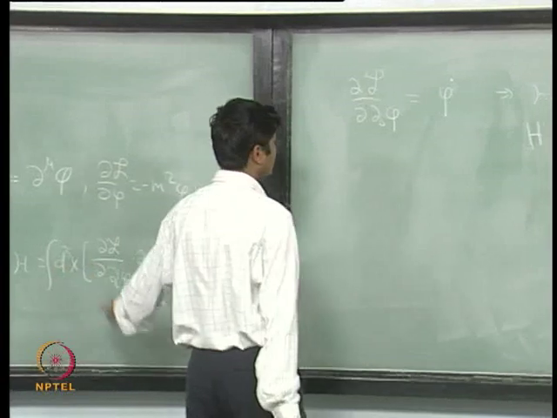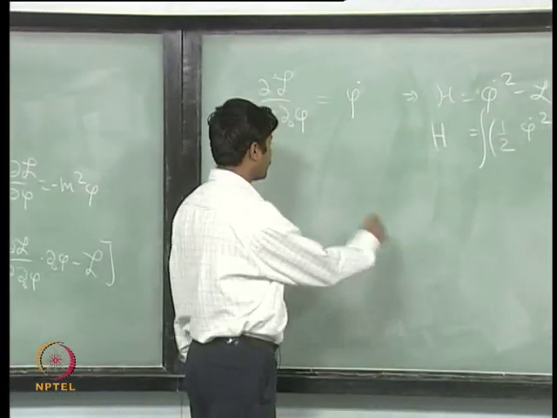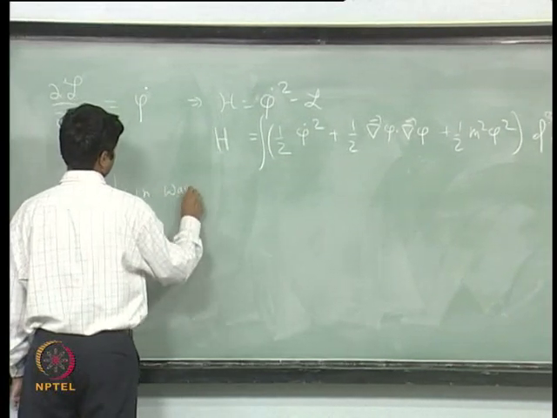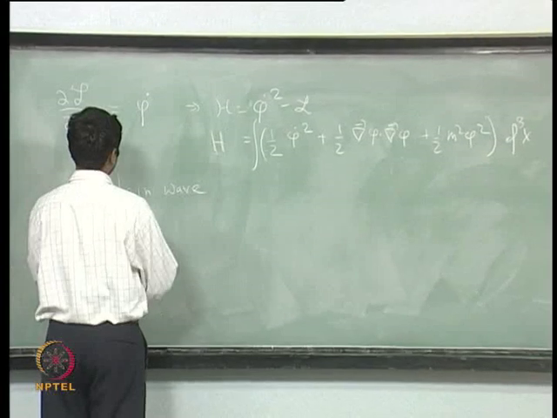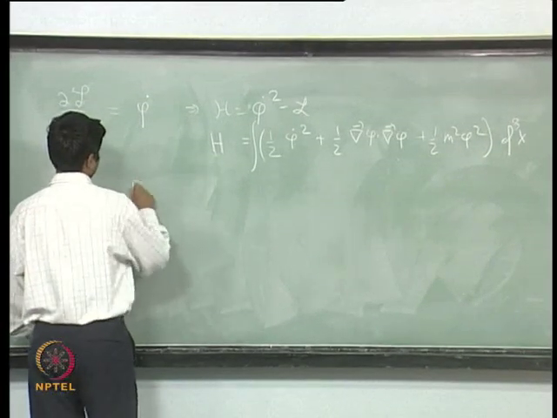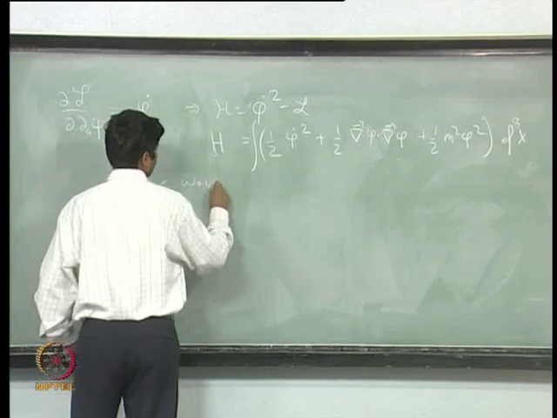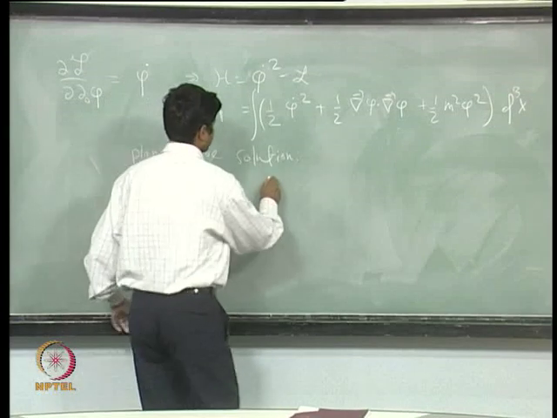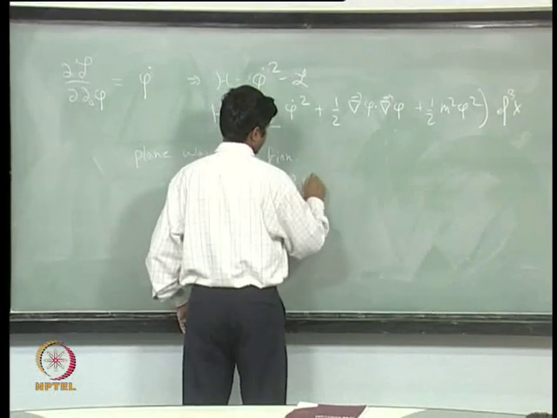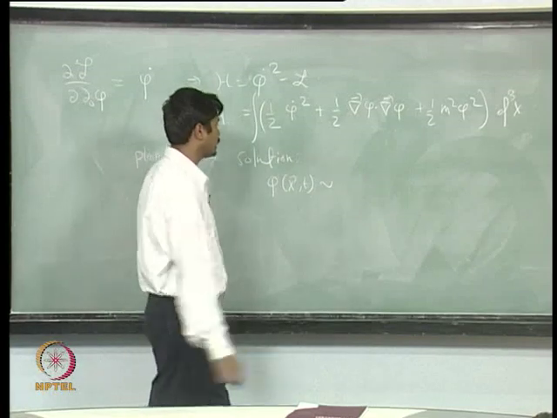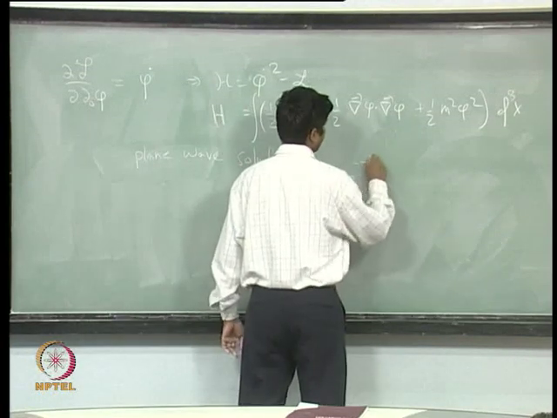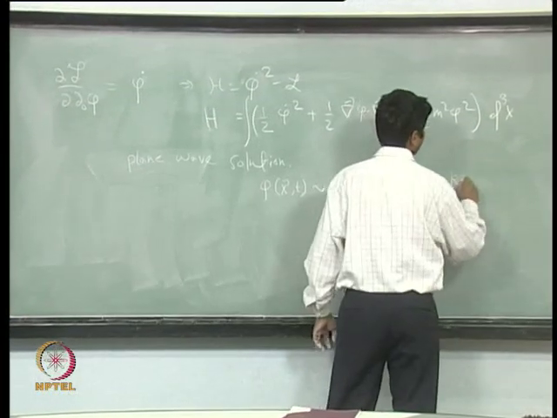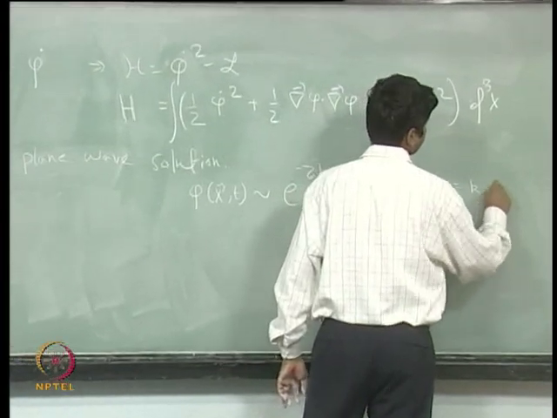To do that, you know, the equation of motion actually admits plane wave solutions, which are of this form: phi of x, t goes like e to the power minus i k dot x, where k dot x is k mu x mu.